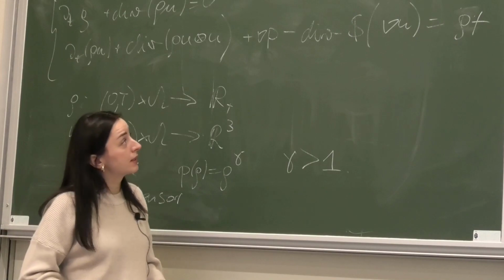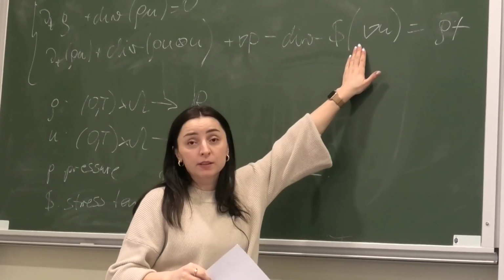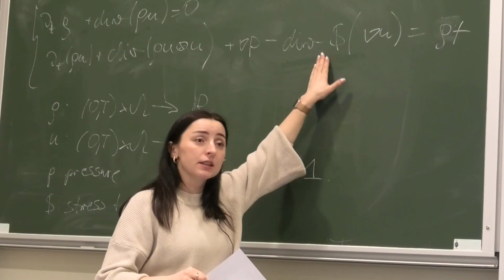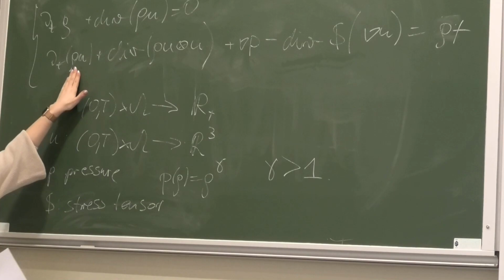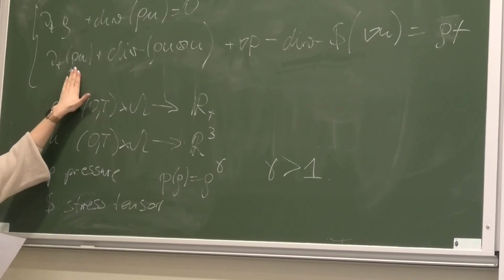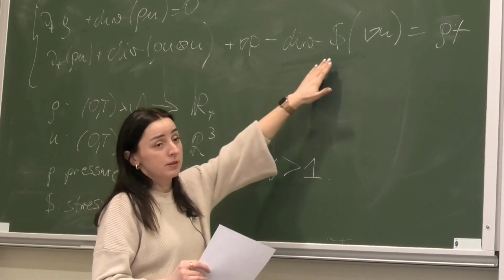And in this case, I wrote the equations in the so-called conservative form. So if I integrate this equation, you'll see that the integral over the space of this object, so the total momentum, is constant in time. Yeah, so it is equal to the initial value. The stress tensor is in the divergence form.